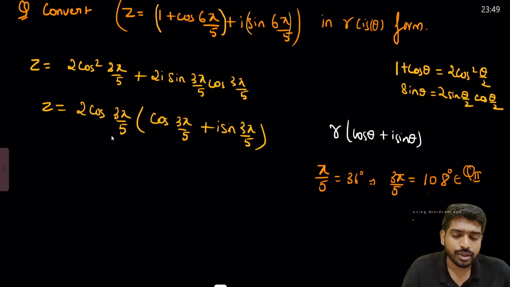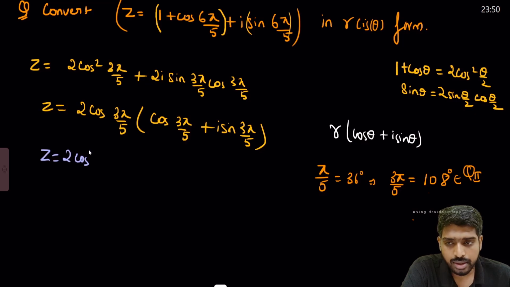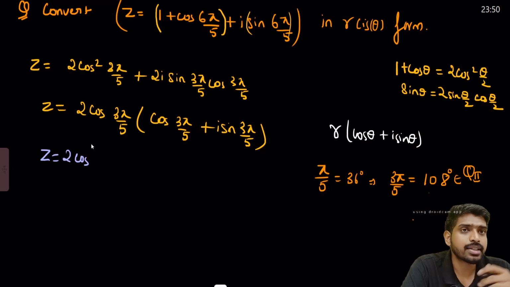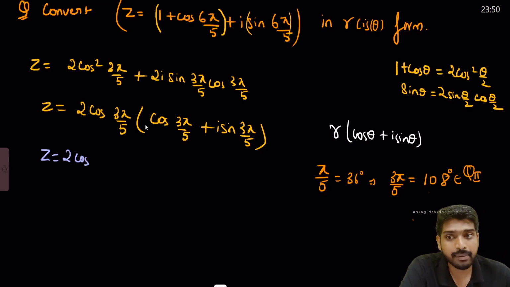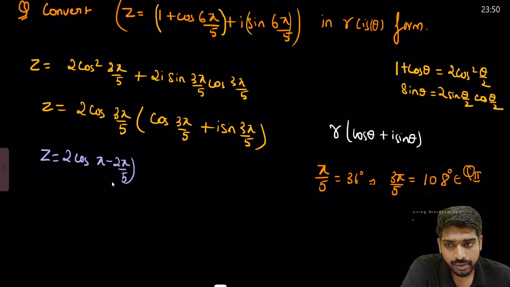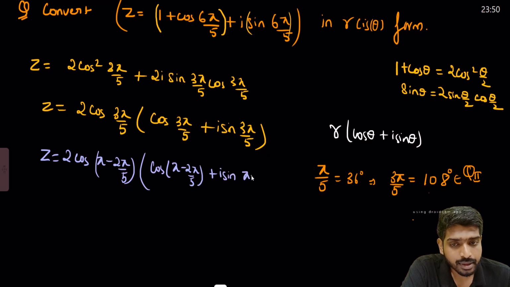Got it? What we'll do now, we'll apply a reduction here. We write this z as 2 cos, and this 3 pi by 5 I'm going to write as pi minus 2 pi by 5, cos pi minus 2 pi by 5 plus iota sin pi minus 2 pi by 5, got it?